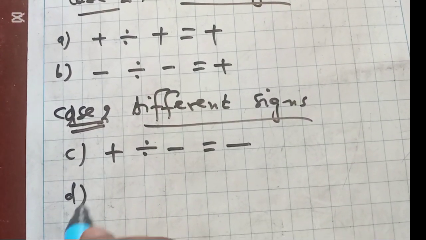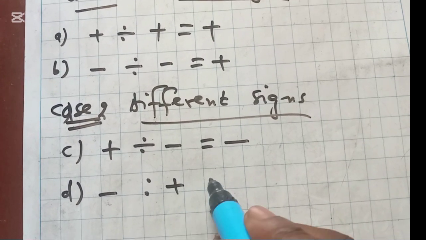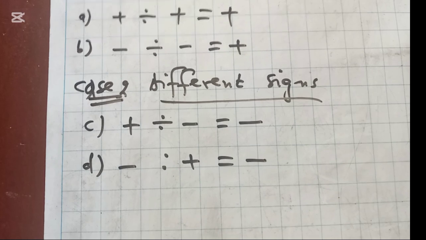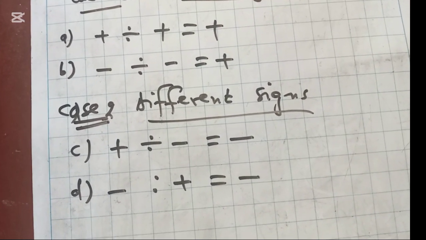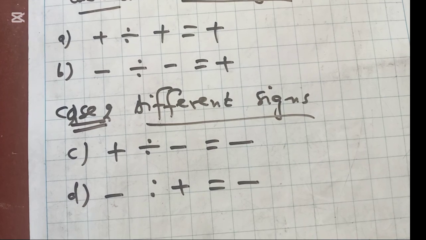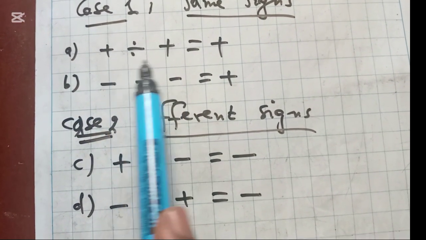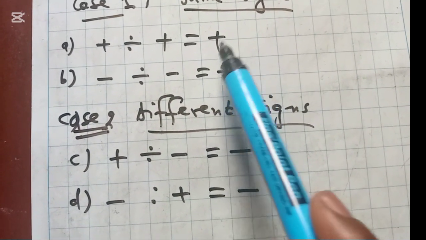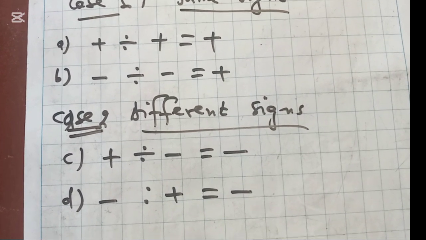And number D is when you have negative dividing by positive to have negative. You see, those are the four laws of dividing signed numbers. When both numbers are positive, their quotient will be positive, and everything will be as it is shown here.